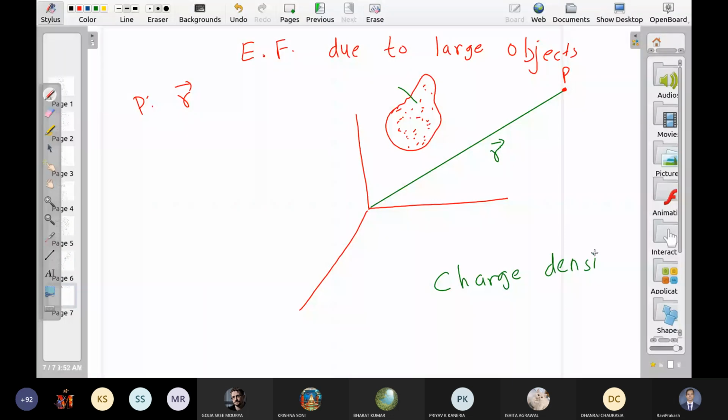If the charge density is constant, then it's just a number. If the charge density is not constant, then it may change for different points. Then it is a function of the position r prime. What is r prime? R prime is any position in this object.